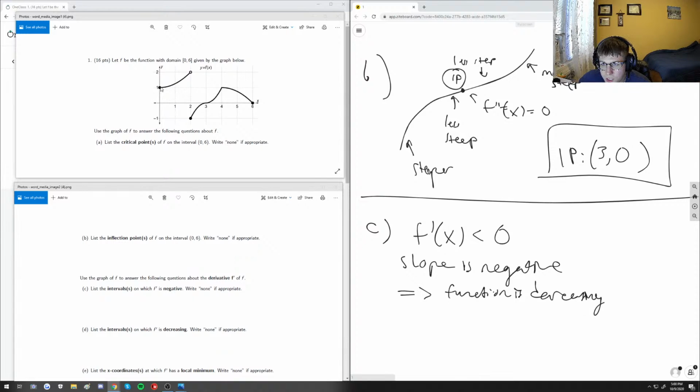So right here it's increasing, if you follow my mouse, increasing to this point, and then increasing over here. It's increasing less, but it's still increasing. Then past 4, so from 4 to 6, the function is decreasing, meaning that its slope is negative. So we say that this would be at the interval 4 to 6.